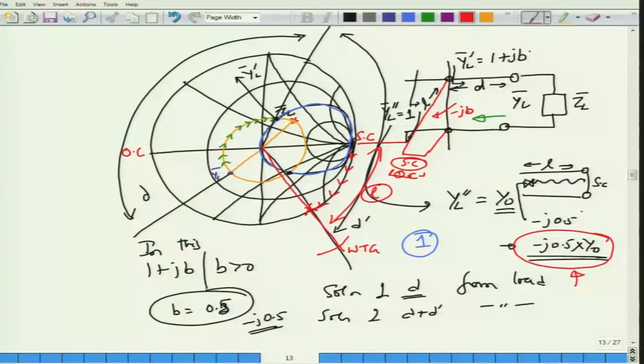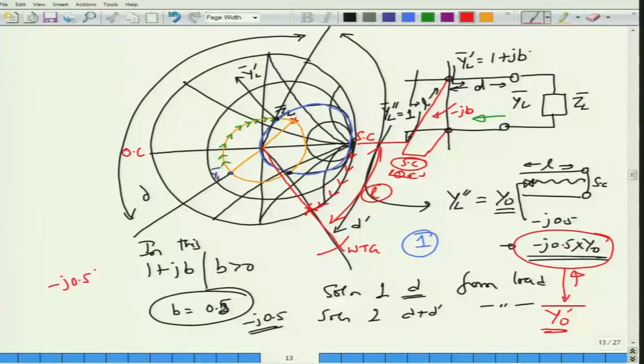So if it was plus jB, you would have added minus jB into Y0, that would be the unnormalized susceptance that needs to be added. So this unnormalized susceptance you divide by Y0 prime, which is the stub line characteristic admittance. So when you divide this, you will end up with a new normalized B.